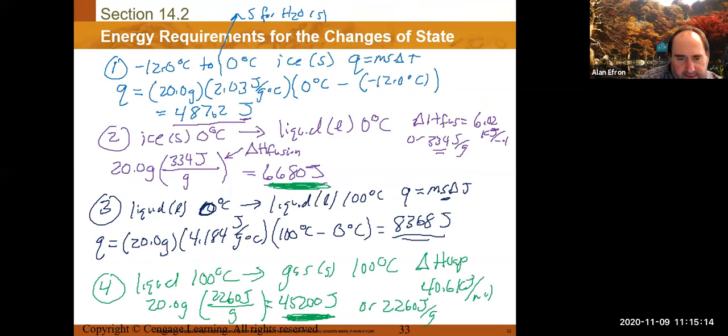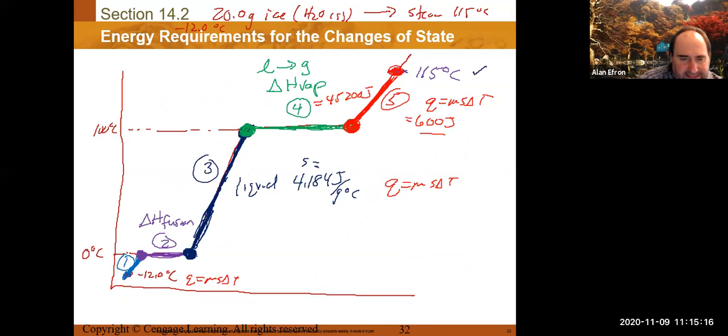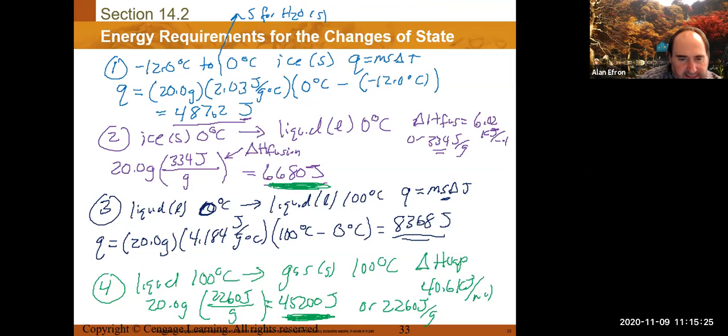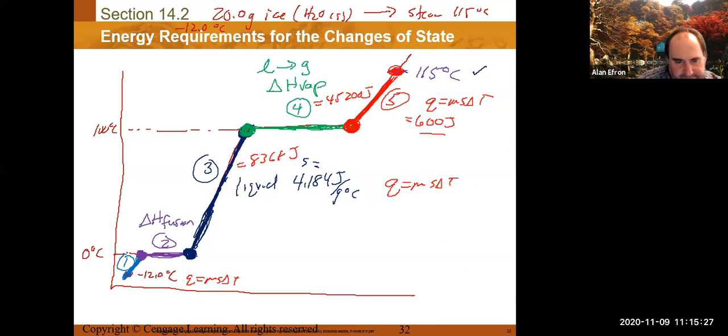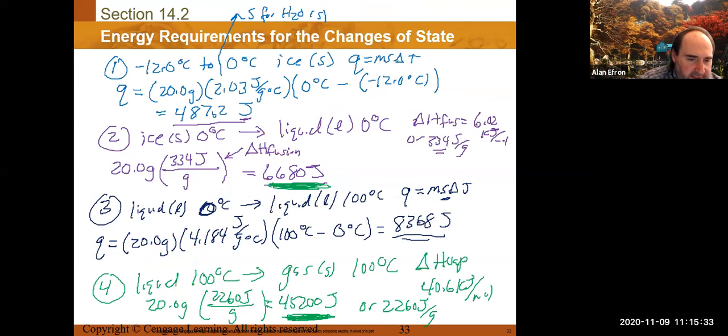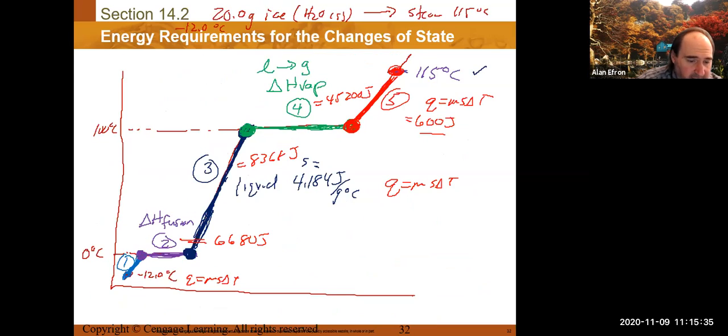Our third step there was 8368. Our second step there was 6680. And our first step there was 487.2.